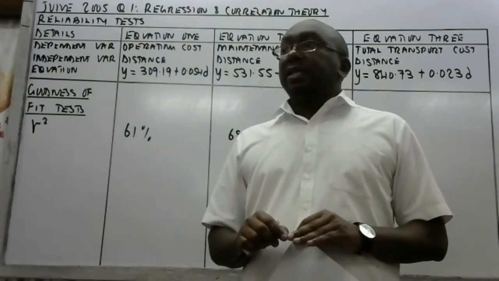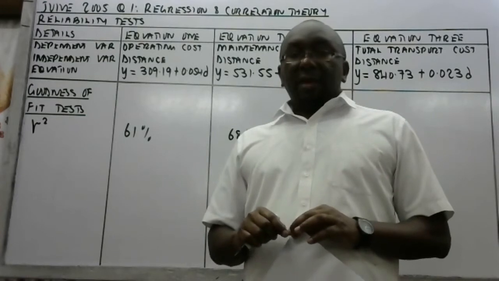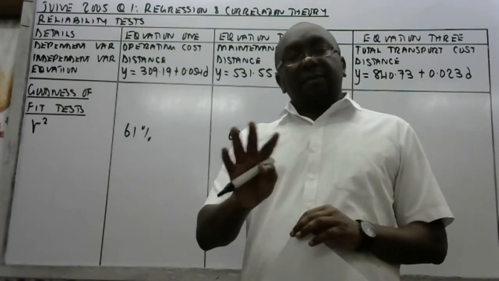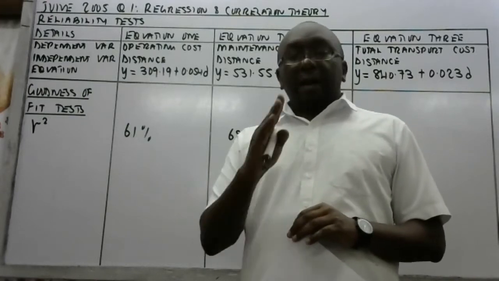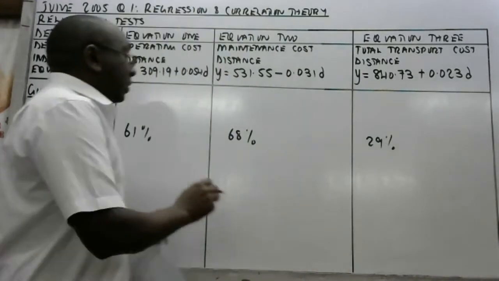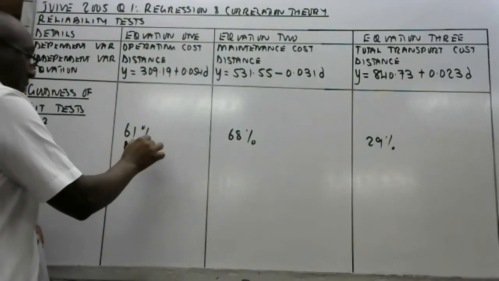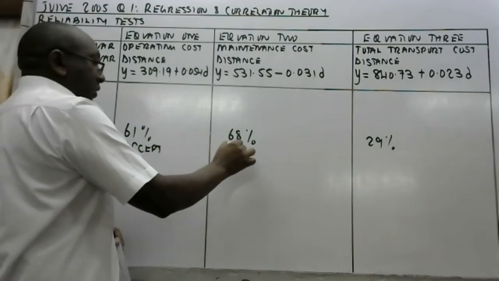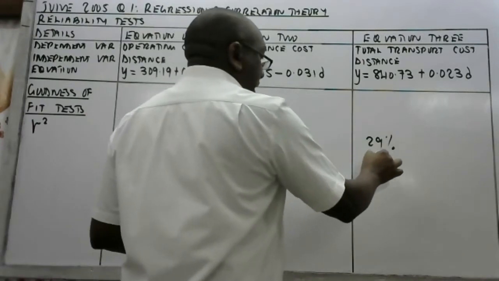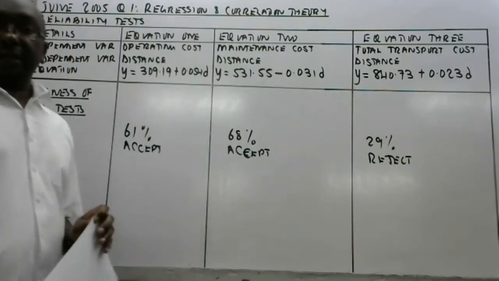But a relationship between 60 and 80, you accept at your own risk. But if it has passed 80, you accept straight. So for this one, we will say accept. Even this one, we will say accept. But this one, we will say reject.